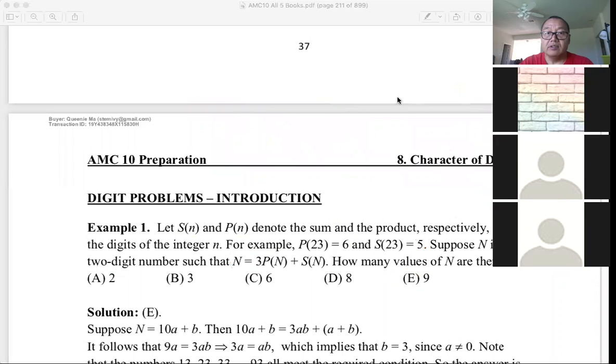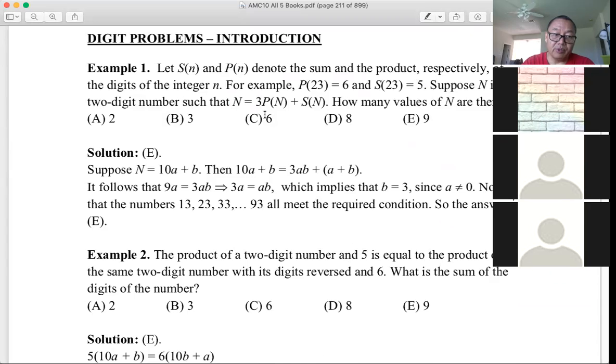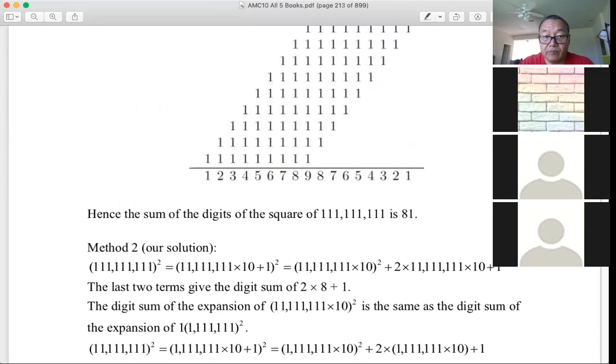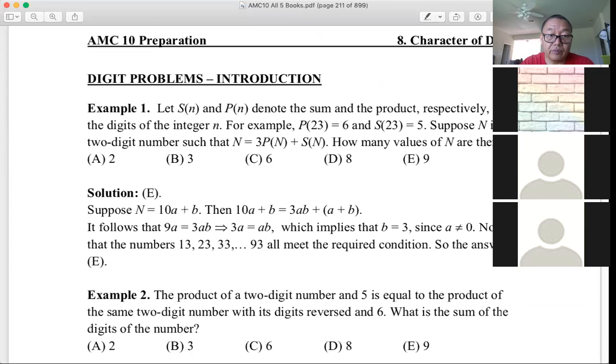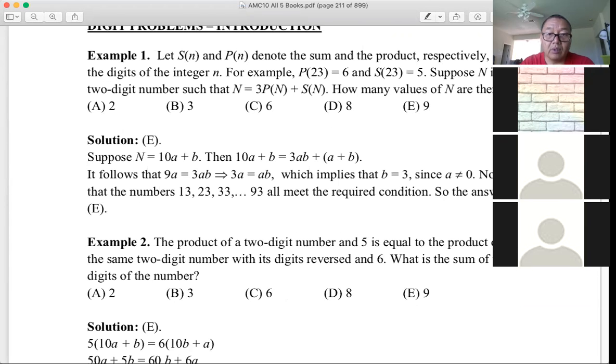Okay. So now let's go to the next example. Second example: the product of a two-digit number and 5 equals the product of the same two-digit number with its digits reversed and 6.